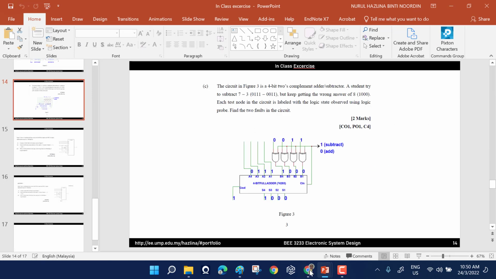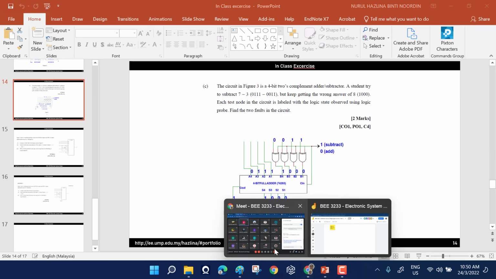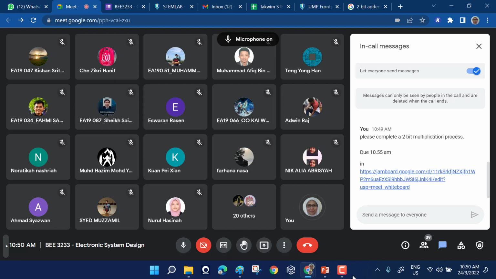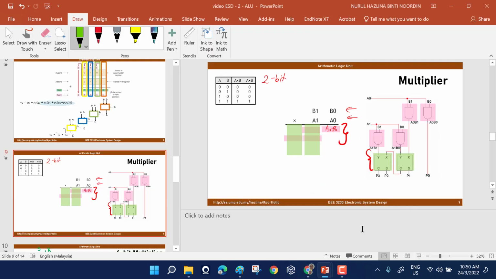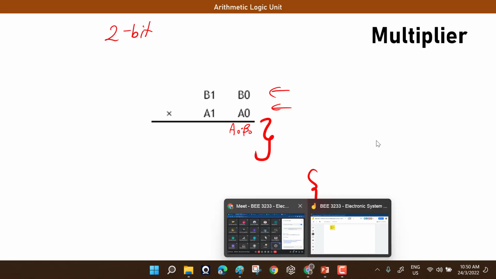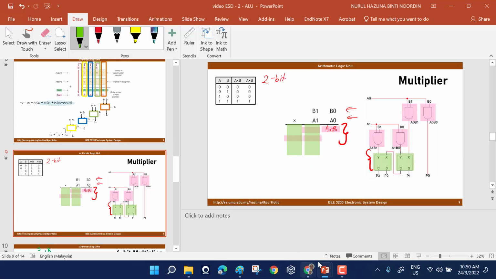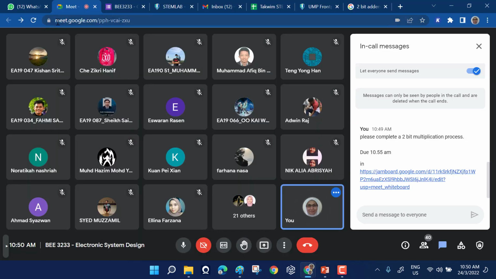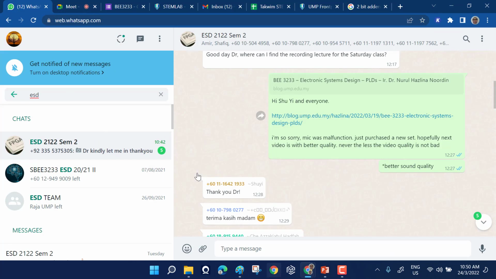Madam, soalan madam tadi. Betul. Saya nak you complete this 2-bit multiplication. Saya paste kat dalam ni. Sekejap. Saya paste kat dalam WhatsApp group ya.